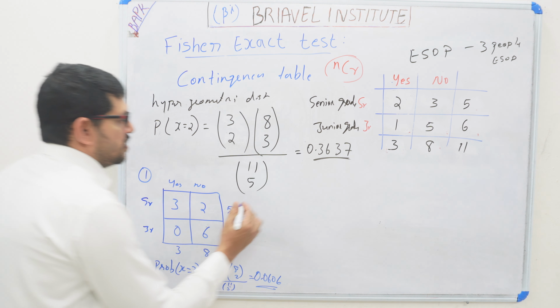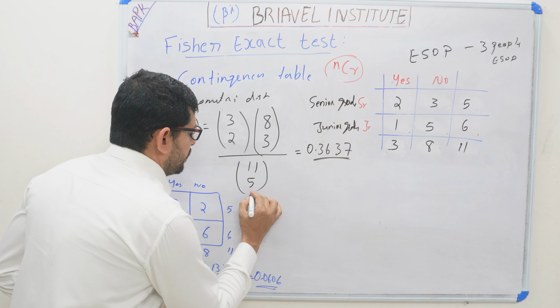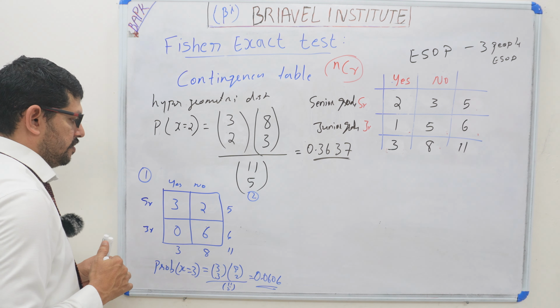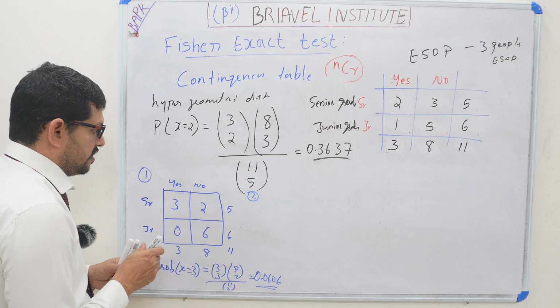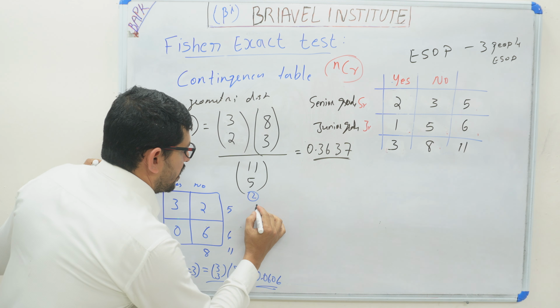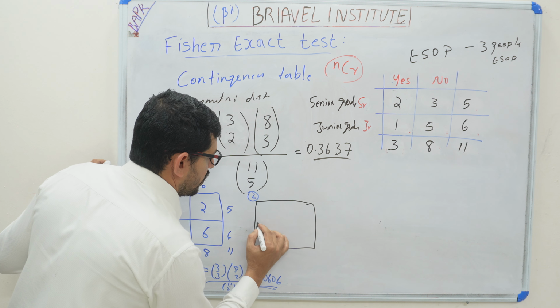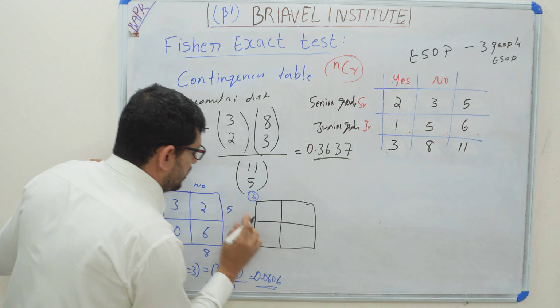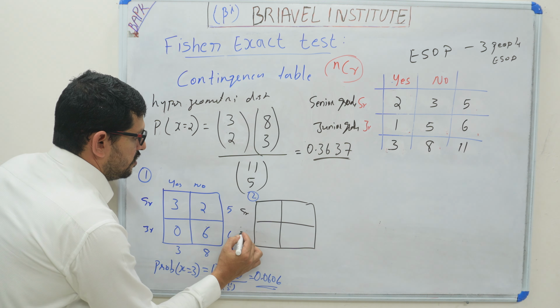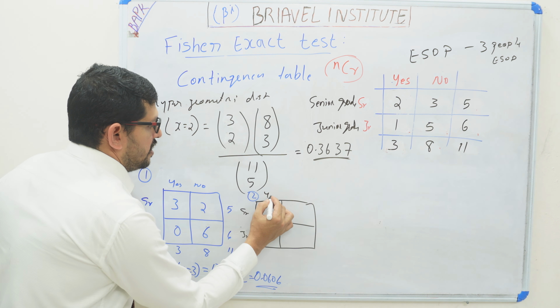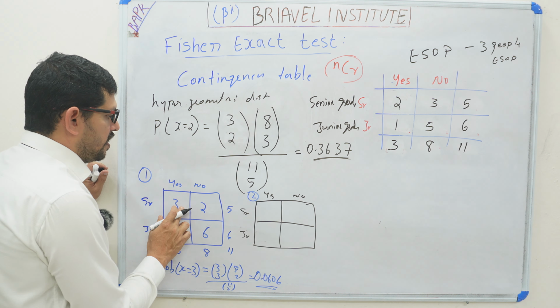And now the second case, we are studying the second combination. You can write it the same way. This is senior and junior, and this is yes, no, and here is 3.